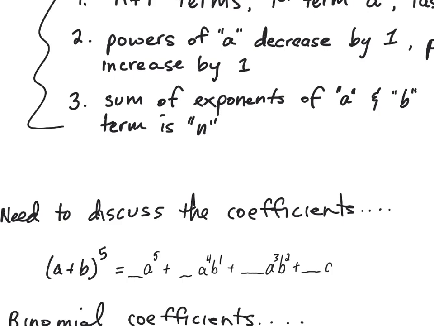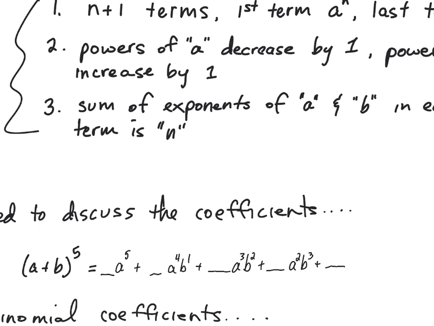Another coefficient, this is going to be a squared b cubed. So another coefficient times a to the first power times b to the fourth, plus the final term there, we have a coefficient times b to the fifth. I'll just count the number of terms we have. 1, 2, 3, 4, 5, 6 terms.